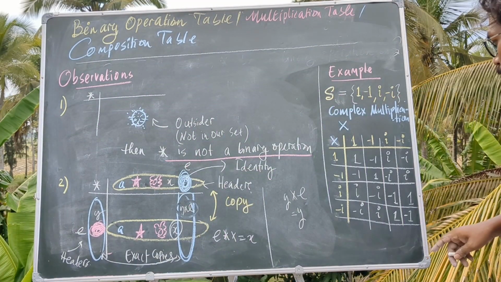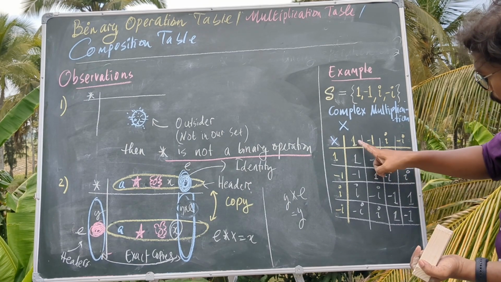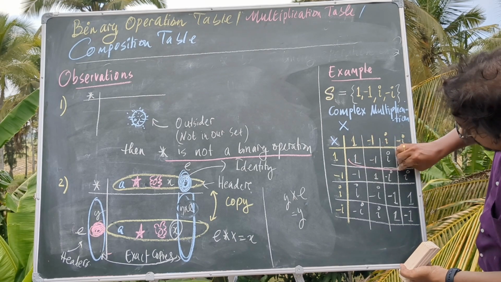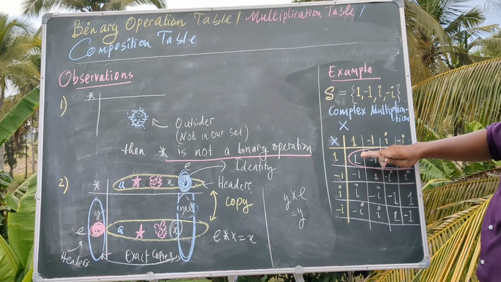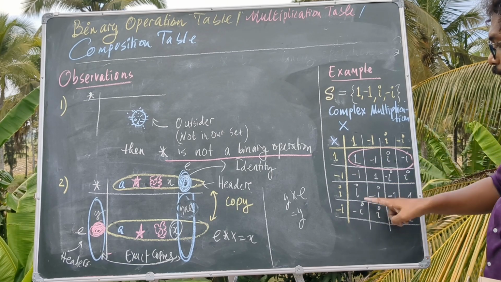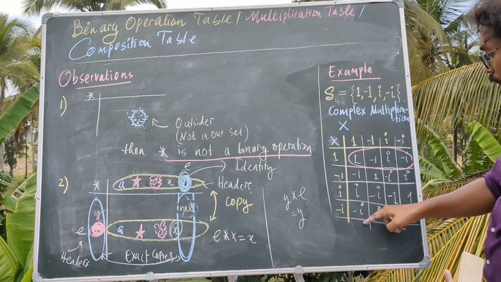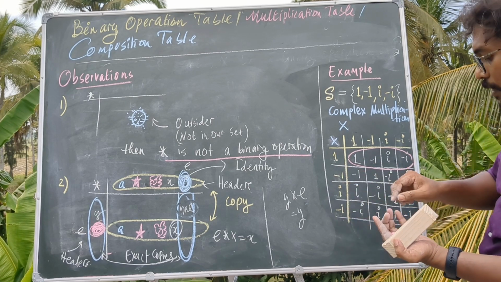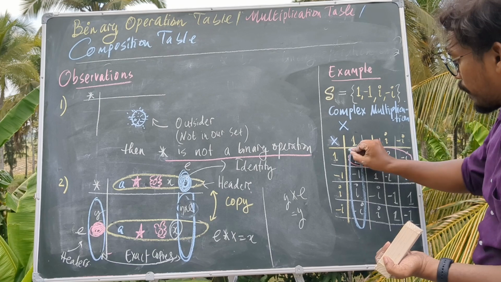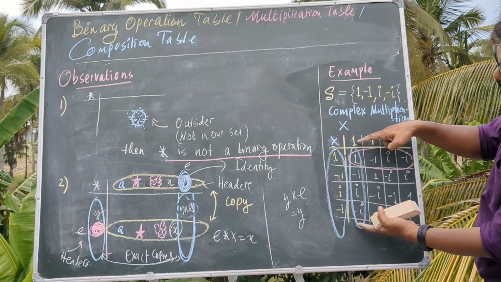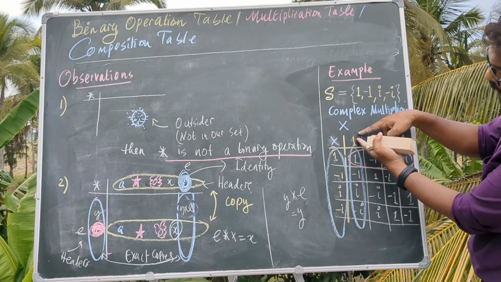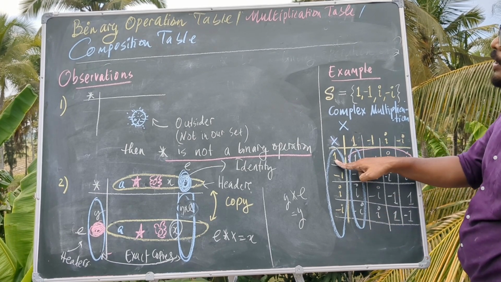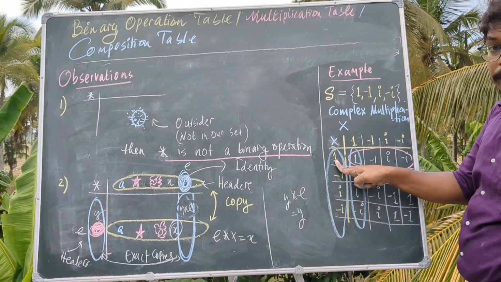For example, here we have 1, minus 1, i, minus i, and this row is the exact copy of the headers, and this one is the same as this one. 1, minus 1, i, minus i, this is the same as this one, and this is for the header 1 and this one is for 1. So these two are equal, therefore 1 will be identity.